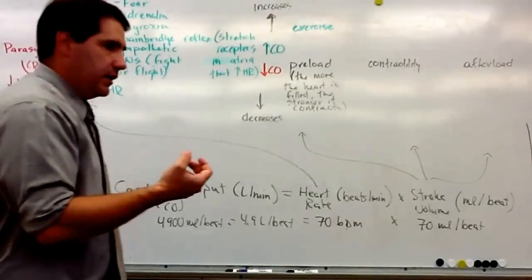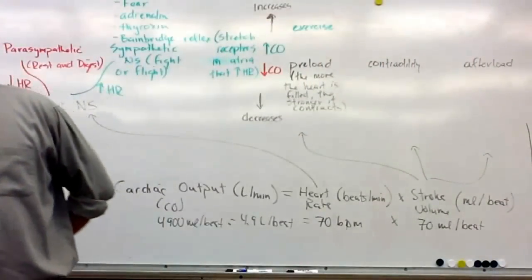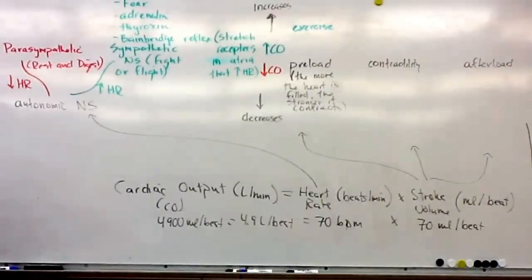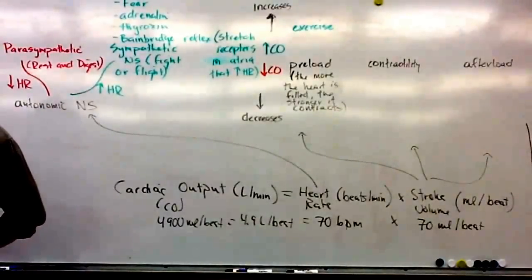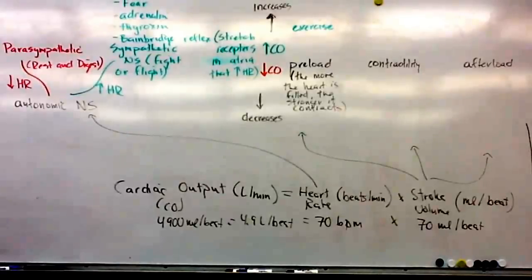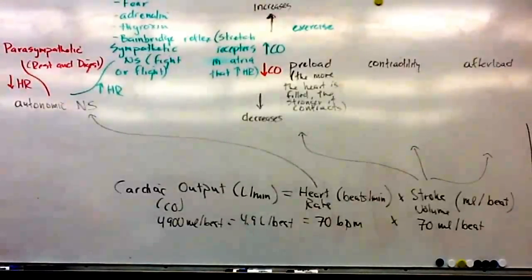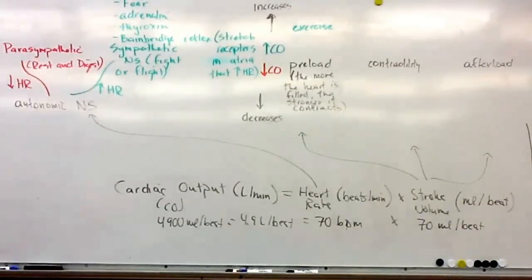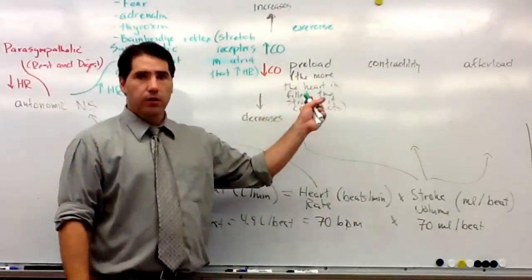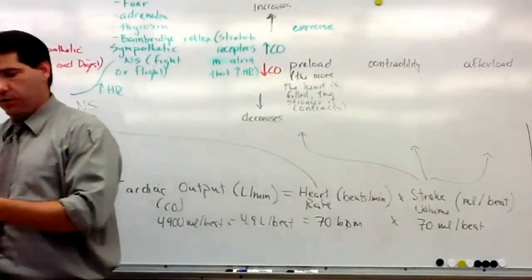So when I'm walking like this, my skeletal muscles are contracting around my veins and squeezing them. And so it squeezes the blood up through my veins, kind of like you're squeezing toothpaste out of a toothpaste tube. So if all of a sudden I start running in place, then my skeletal muscle is going to start contracting more, and it's going to start pushing more blood up to my heart. Which means my heart is going to fill more, and when my heart sees that extra filling, it's going to contract harder.